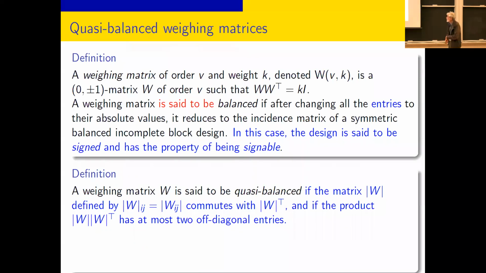Now, a weighing matrix is said to be quasi-balanced when you square all the entries, namely find the absolute value matrix, and you find that you get a matrix which has off diagonal not precisely one entry, but a maximum of two entries.